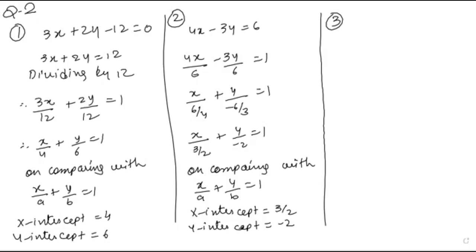The third equation given is somewhat different. As you can see that you don't have any term of x. So here there will be no x intercept, and if I subject my y, then my y will be minus 2 by 3.